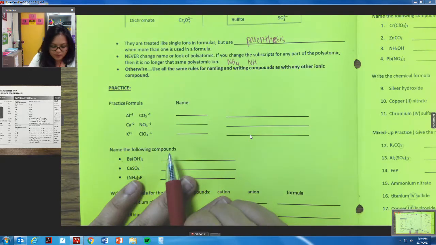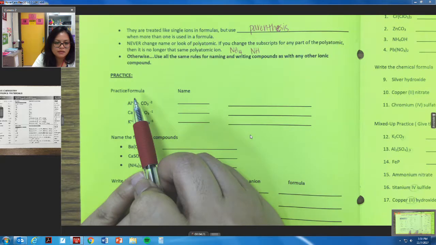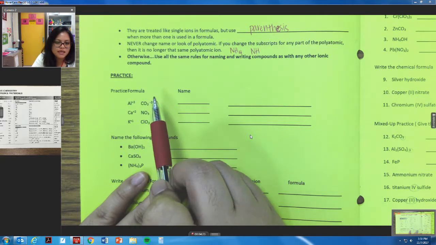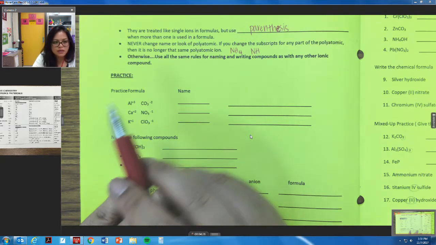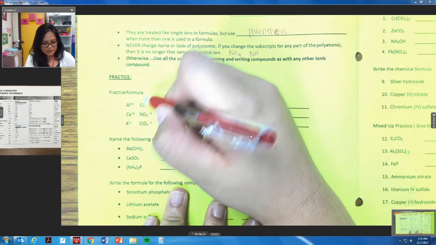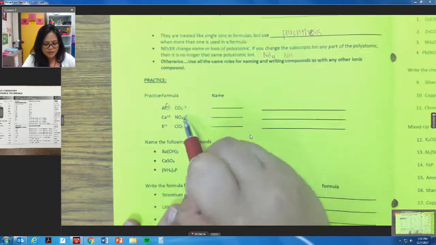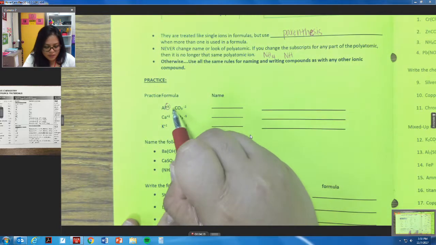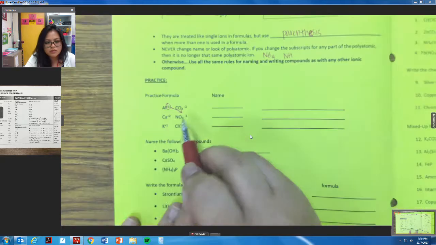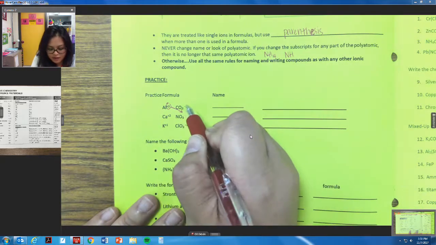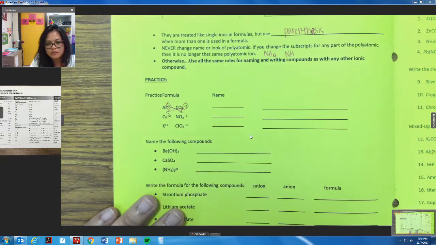Okay, so remember, if we have Al3+ and CO3 2-, we always crisscross our charges. That means my aluminum +3 is going to become a subscript for the carbonate, and then our -2 is going to become a subscript for aluminum.